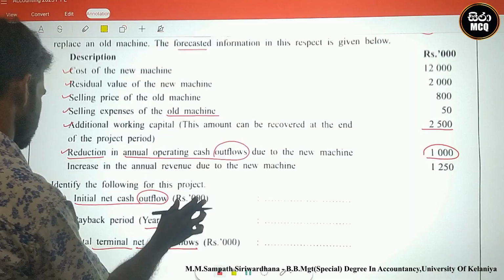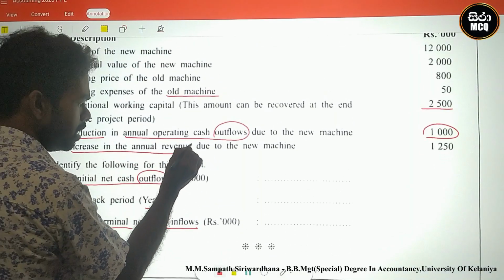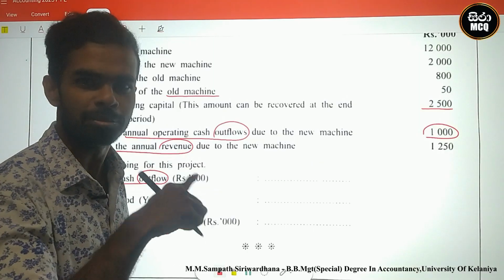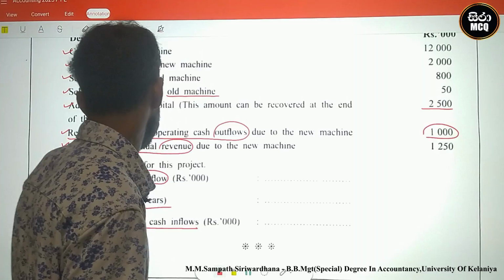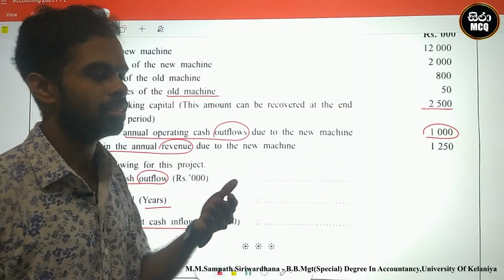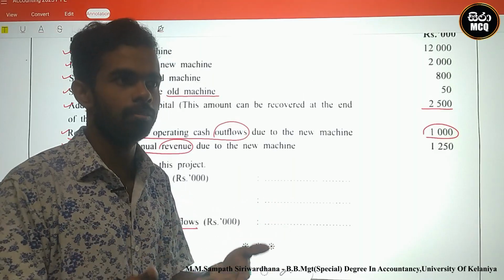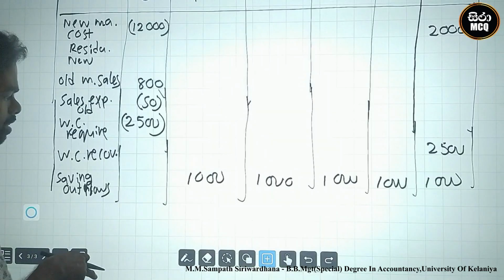Look here. Next one, increase in the annual revenue, income increase due to the new machine, 1250. Okay, 1250 increase of revenue. This is the cash inflow, no, revenue increasing, annual.